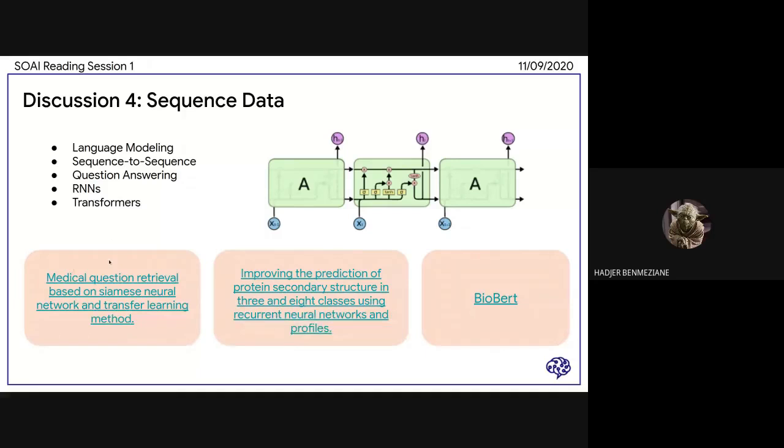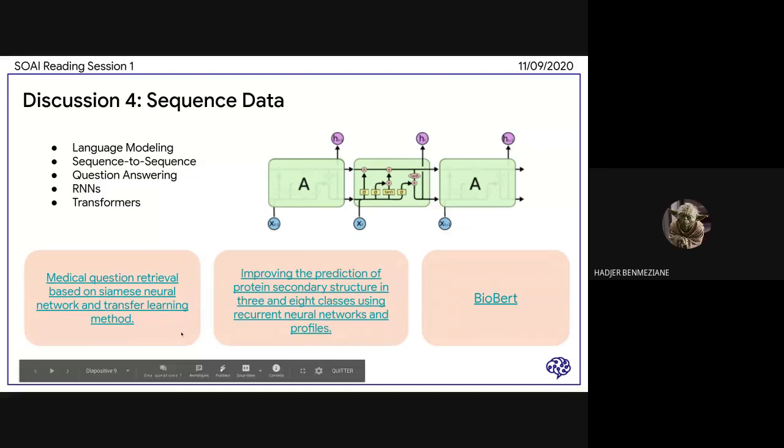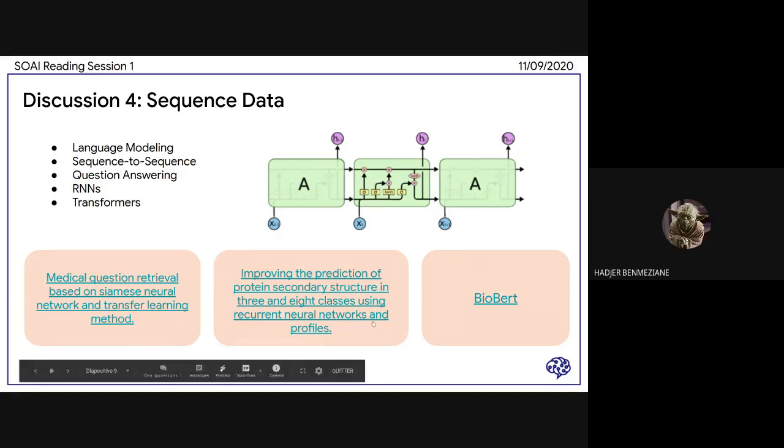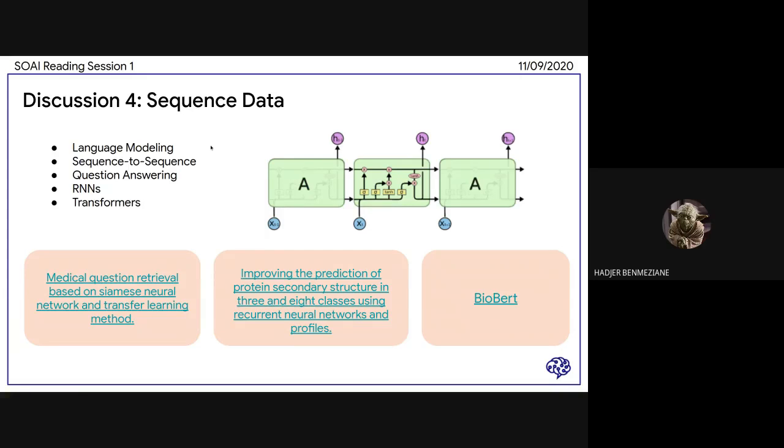Here I put some examples that use sequence data models: medical question retrieval, improving the prediction of protein secondary structure in 3 and 8 classes using recurrent neural networks, and BioBERT, which is also used for protein understanding and trying to understand the mechanism of any protein.